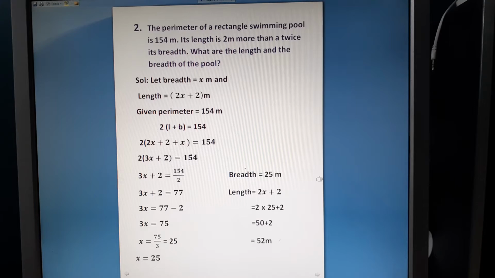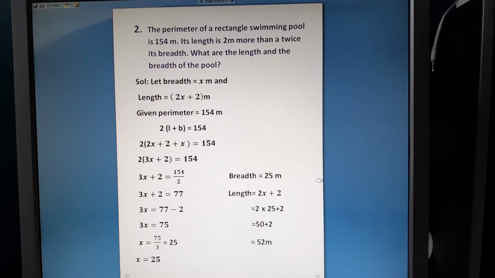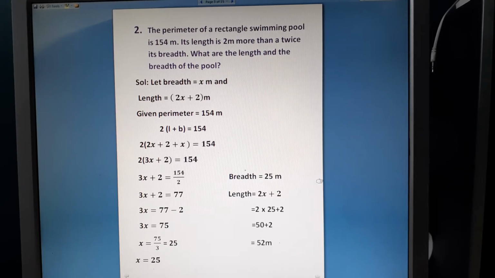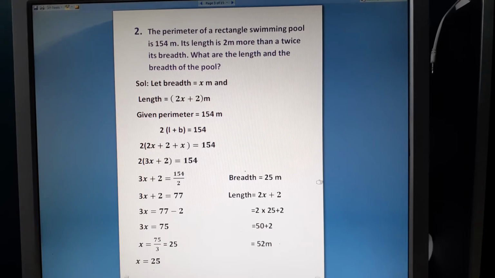This is given in your question, and the perimeter is also given as 154 meter. Perimeter of a rectangle is 2 into L plus B, that is equal to 154.